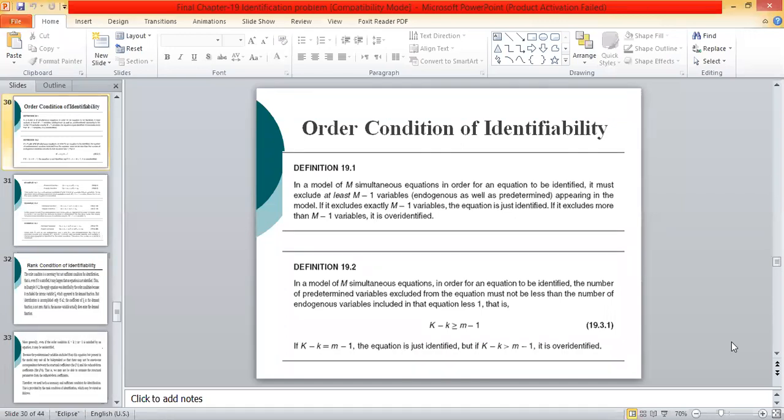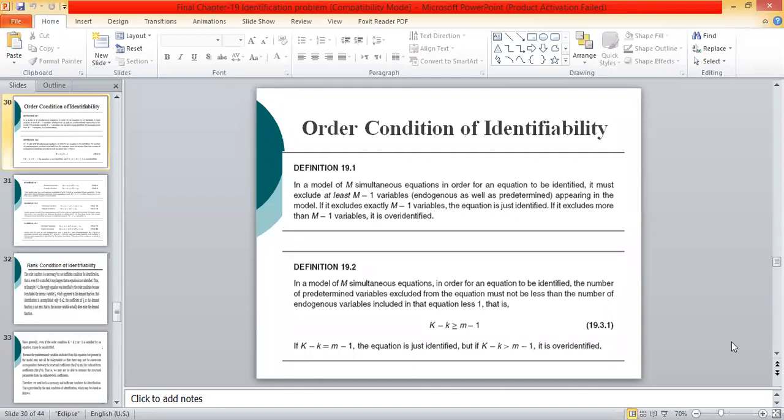The second definition of the order condition is: in a model of M simultaneous equations, in order for an equation to be identified, the number of predetermined variables excluded from the equation must not be less than the number of endogenous variables included in that equation less 1.